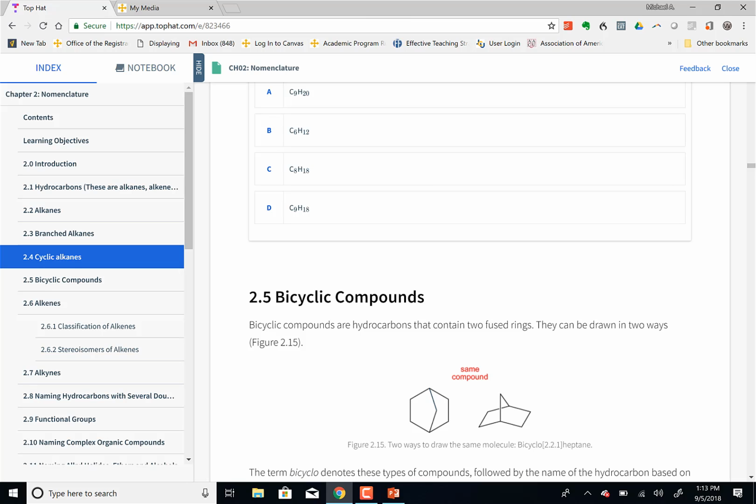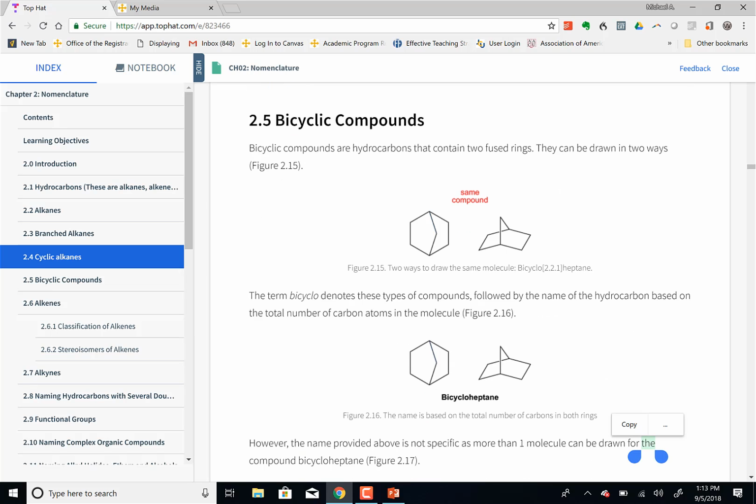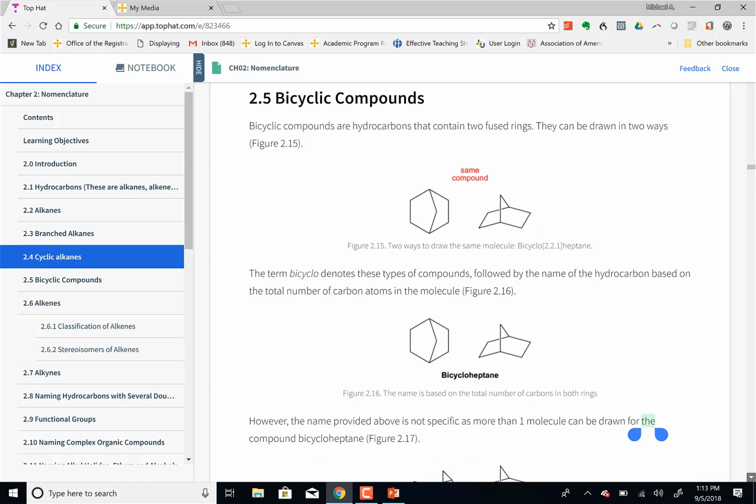When you see, for instance, these 2 views, the left-hand view is looking down on the triangle, looking down on the 1 carbon. We'll get to using these a little bit later on. So that's the bicycloheptane. That's the same one I just drew.